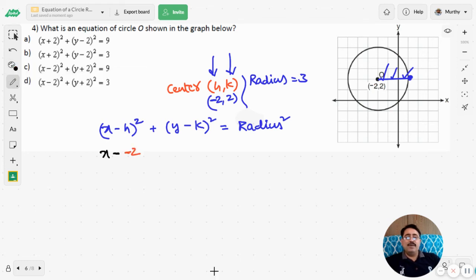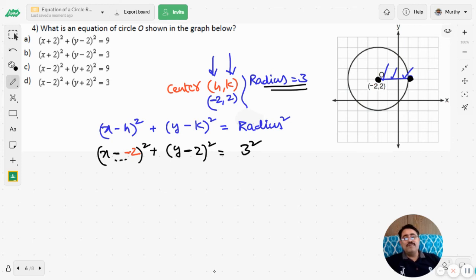As you know, at times there may be double negative signs, no problem. What is k value? You see that it is 2 square. What is radius? Just now we counted the blocks. You know how to measure the radius. So you can take from this point to this point when you count 3 blocks. Therefore radius square is 3 square.